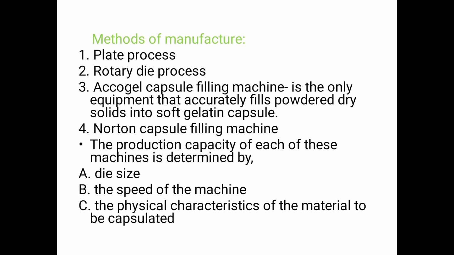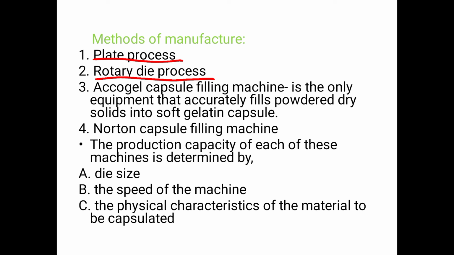Methods of manufacture. The methods for manufacture of soft gelatin capsules are: first, the plate process; second, the rotary die process; third, the Accogel capsule filling machine.